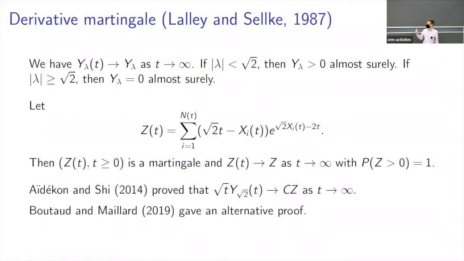Now, it's also possible to get this same limit from the additive martingale under a different scaling. Aïdékon and Shi show that if we take the square root of t times the value of the additive martingale at time t, that will converge to a constant times this random variable Z, and an alternative proof of that fact was given by Boutaud and Maillard.